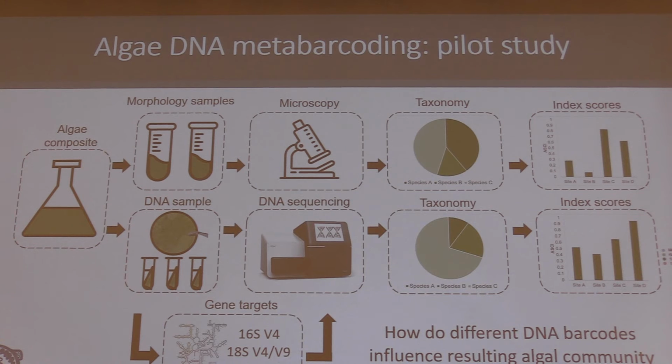So then we perform the high throughput sequencing using all of these different barcode regions, again generate our taxonomic list, and again calculate our index scores. In this case, we were calculating the new algal stream condition index for our biological index. So the key question we're trying to answer with this study is how do these different DNA barcodes influence the resulting algal community composition, and can we pick a clear winner?